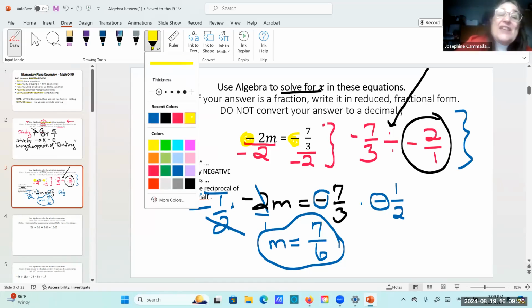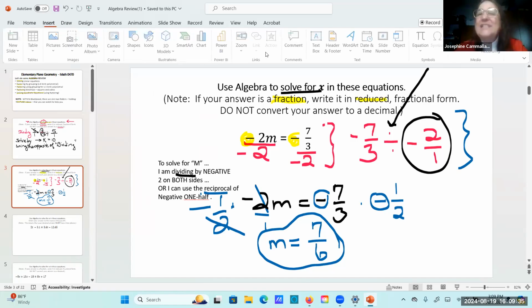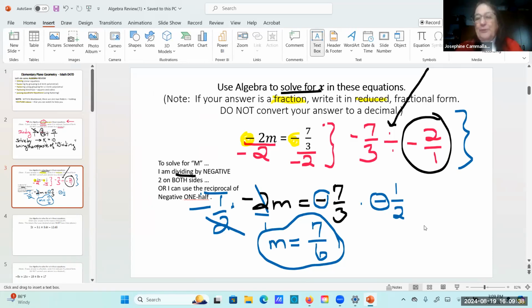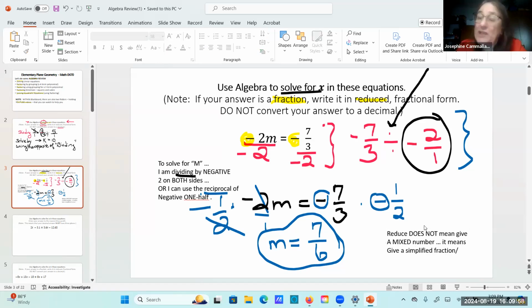Now, this is the fraction answer. Be aware, reduce does not mean write as a mixed number. Reduce does not mean give a mixed number. It means give a simplified fraction, which is 7/6.